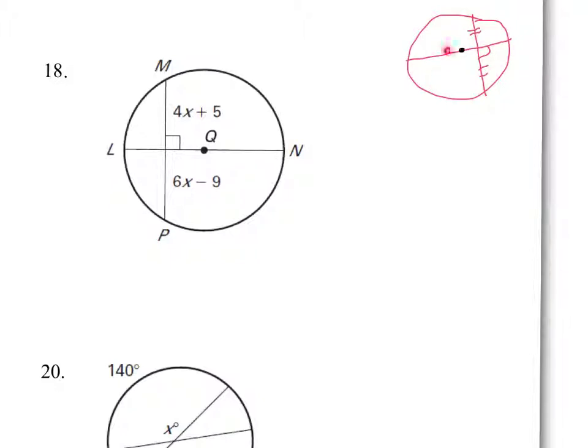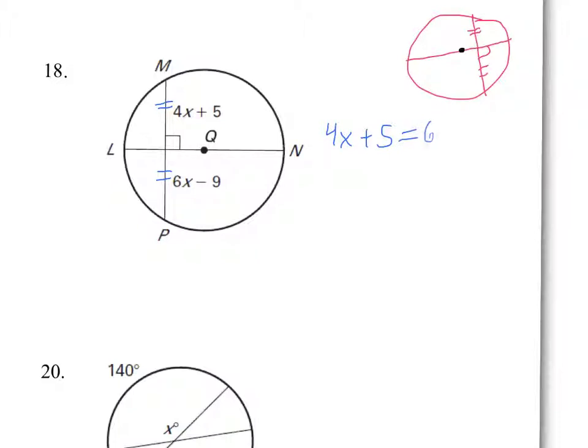It is going through the center. Now in this case, we already know this is a diameter because we can see it's a chord going all the way across the circle and it goes through the center. So this is a follow-up theorem to that, which says if you have a diameter perpendicular to another chord, then that chord must be bisected, and you can just set them equal.